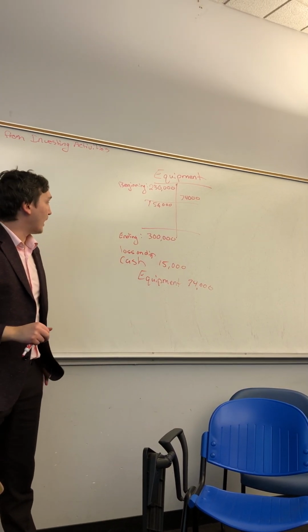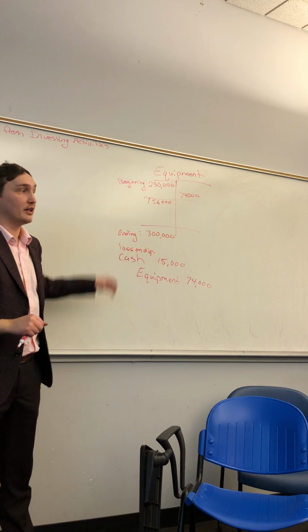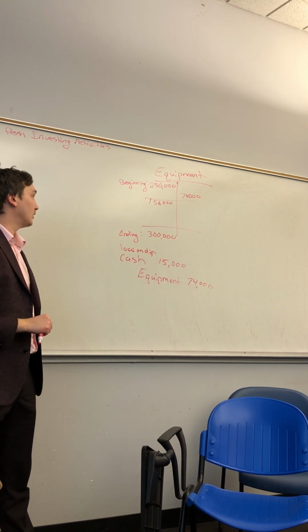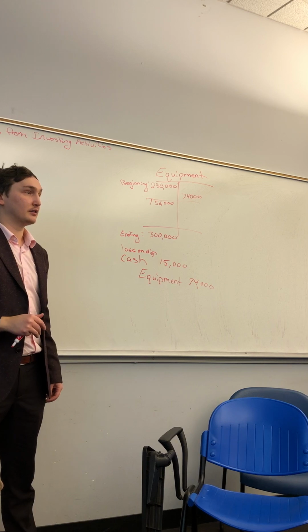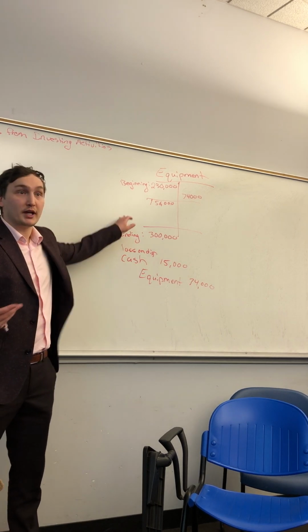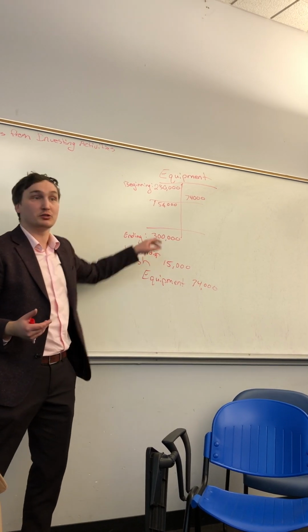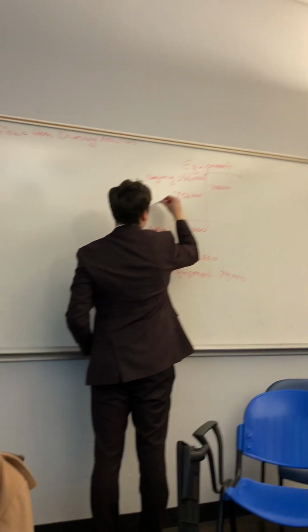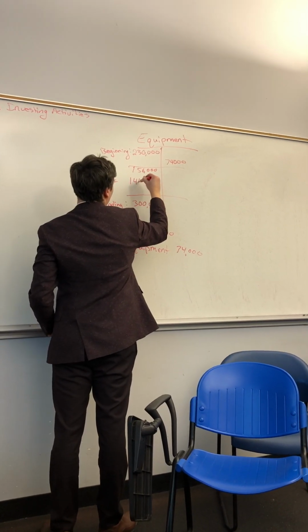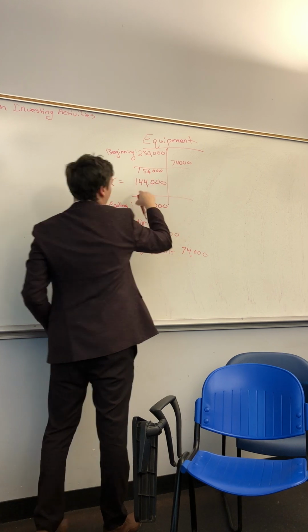But it says on our balance sheet our ending is 300,000. So what must we have done throughout the year? We must have bought new equipment to get to this 300,000. So X would equal 144,000.